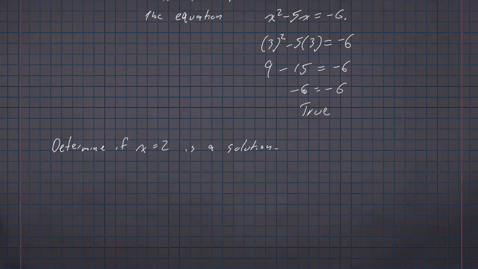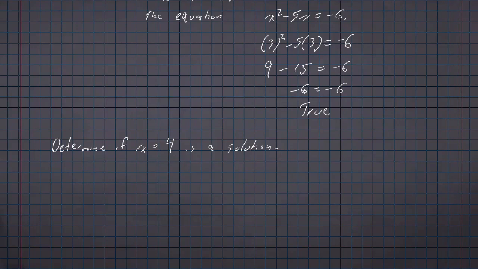If we're asked to determine if x equals, actually not 2, you're welcome to go through and show that x equals 2 also is a solution. I wanted to look at something that is not going to be a solution. So how about 4? If we want to determine if x equals 4 is a solution, we can do the same thing.